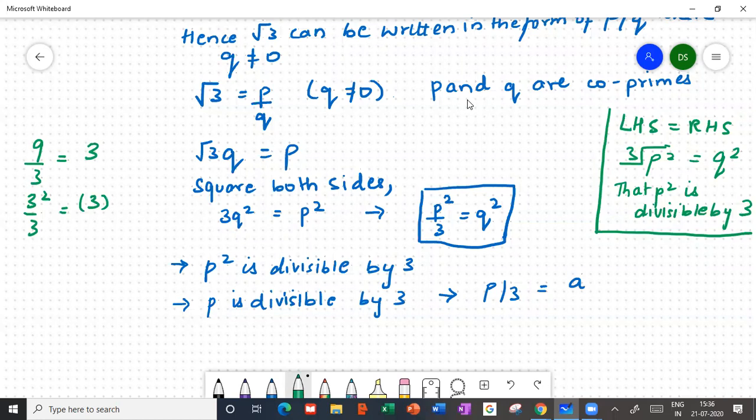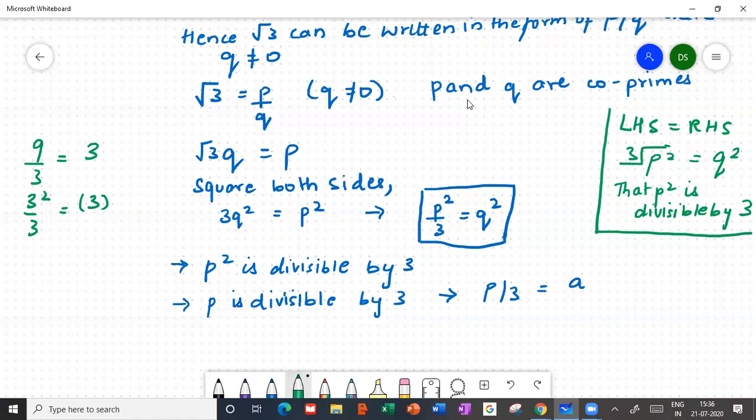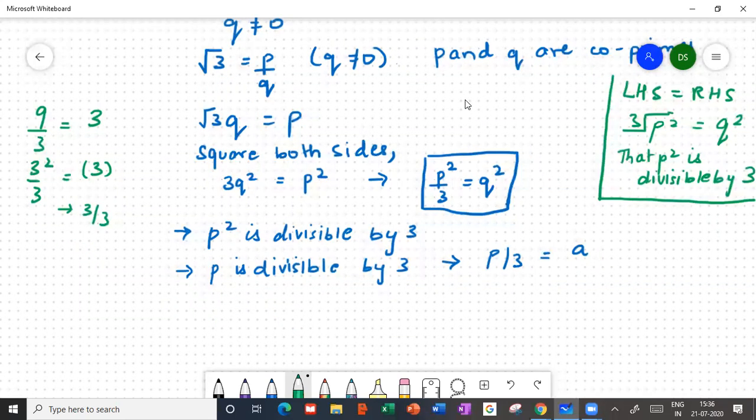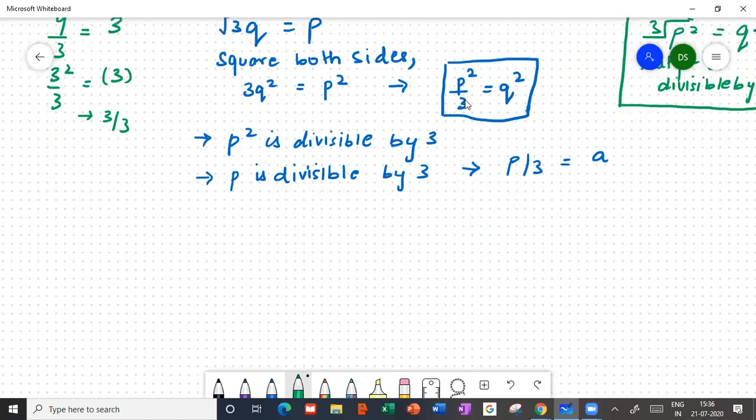Basically, q square is 3, or I can also say that 3 is divisible by 3 from here. So we got these two results. I hope it's clear till here. So I can write this statement as p is equal to 3a.